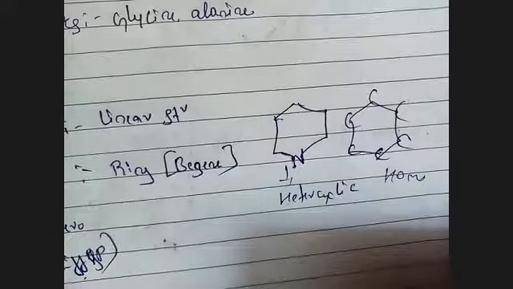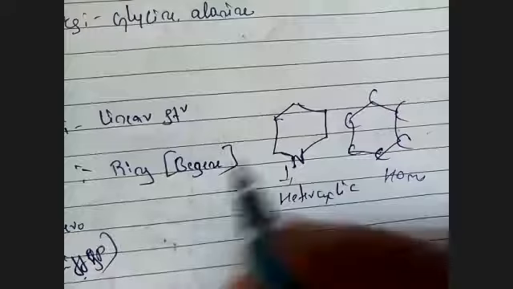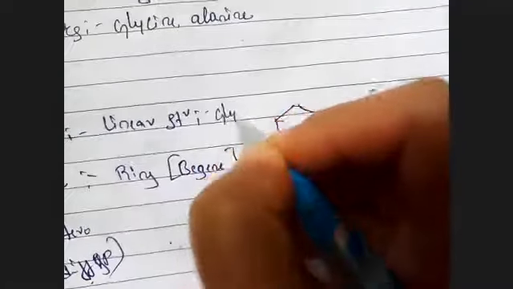Then this is called homo and hetero. We have examples for aliphatic amino acid, that is glycine, lysine, serine, cysteine, aspartic acid. Whatever is a linear chain, you can give as an example.